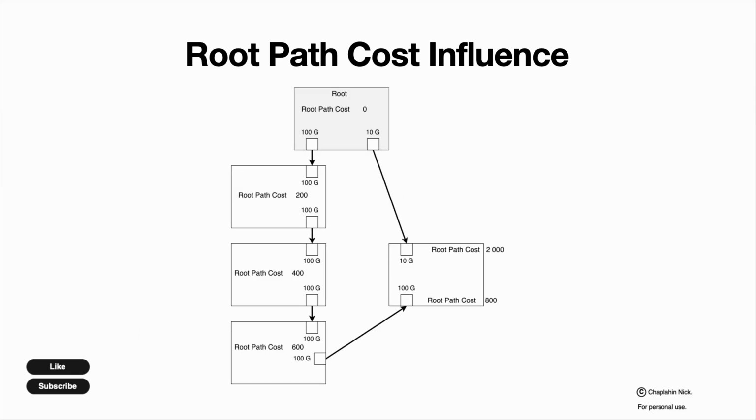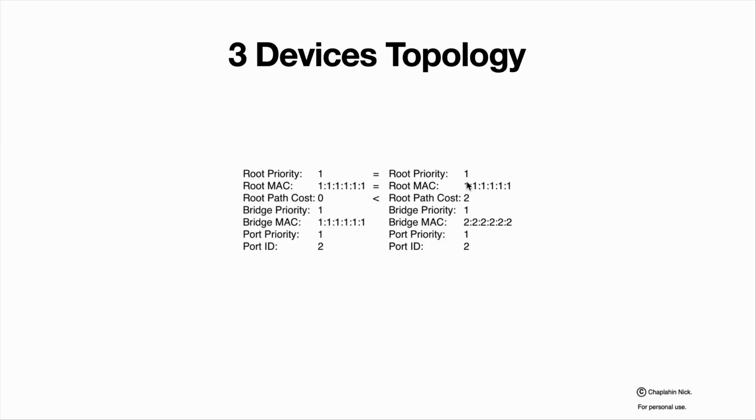And the 10 gigabit recommended value is 2000. In the same period of time, we can transfer much more information through the path with lower path cost, and we're supposed to select it. And this is what happens. The port with lower path cost per the formula that I provided here is selected.